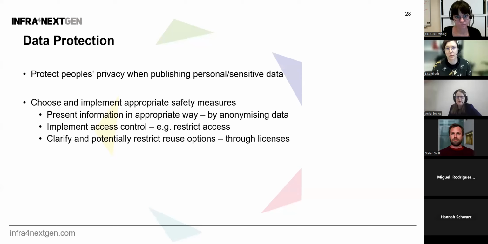Data protection also comes into play when you publish personal data or sensitive data. So the goal here is to choose a repository or an infrastructure that offers the appropriate safety measures. For instance, repositories that allow for the implementation of access mechanisms and access control, that allow you to restrict access to your data, and repositories that allow you to limit or restrict the reuse options of your data through licenses.